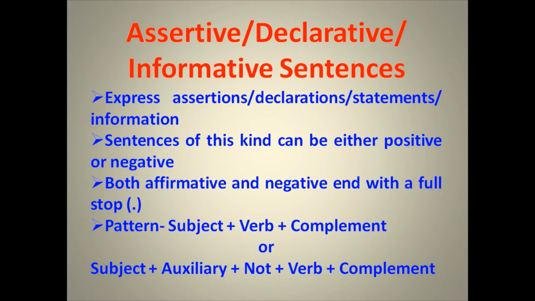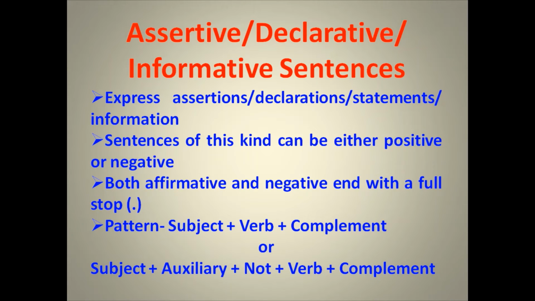Mohan is the subject, "is" is the auxiliary verb, and "going to market" is the complement. Similarly, in negative types of sentences, we add not with the auxiliary verb.